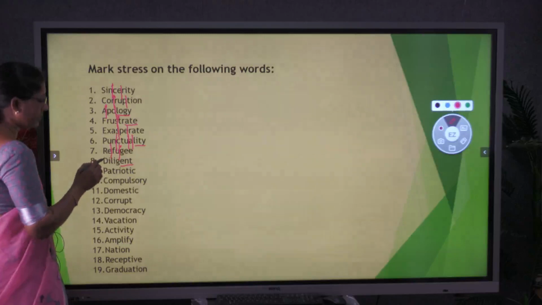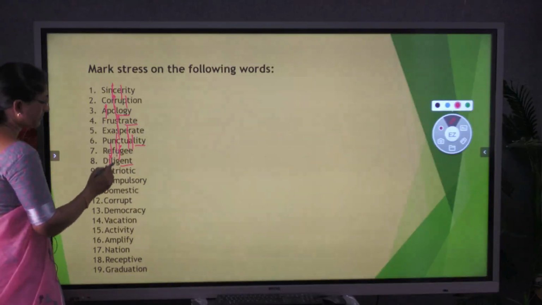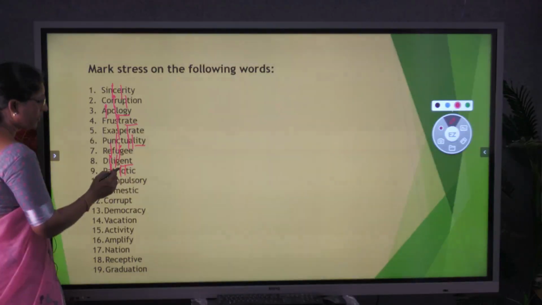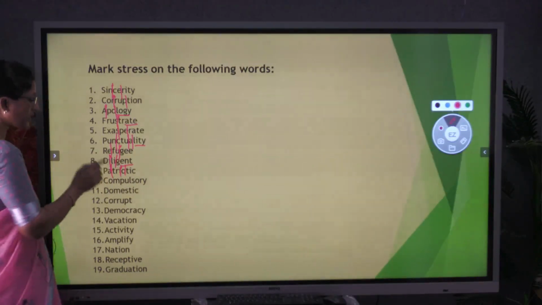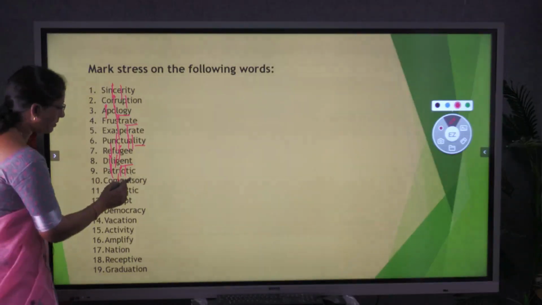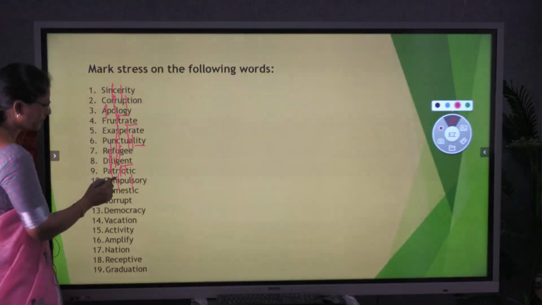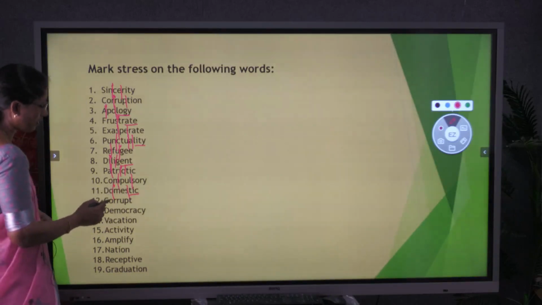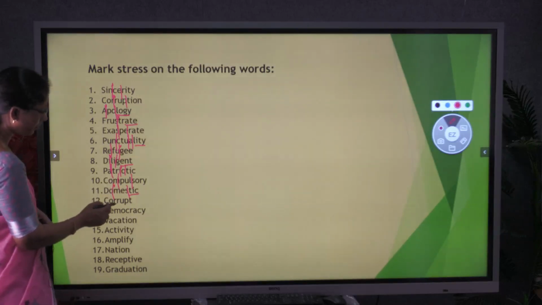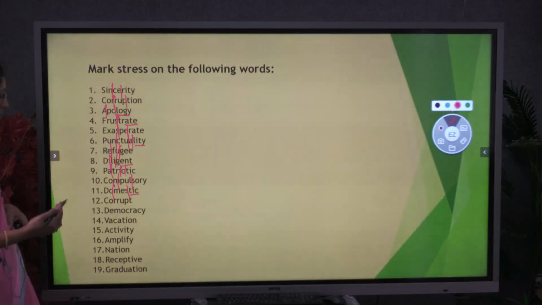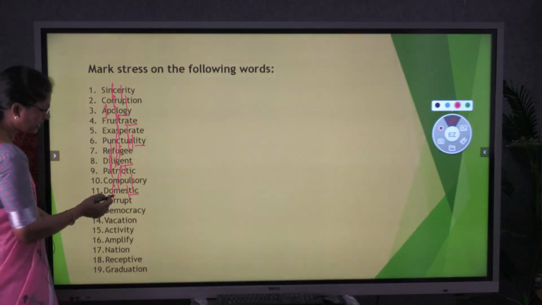Next, ENT, diligent. Next, IC, patriotic. The syllable before the suffix. Next, compulsory. Next, IC, domestic. Compulsory. Next, corrupt. In a disyllabic word, when it is a verb, the stress is on the second syllable.